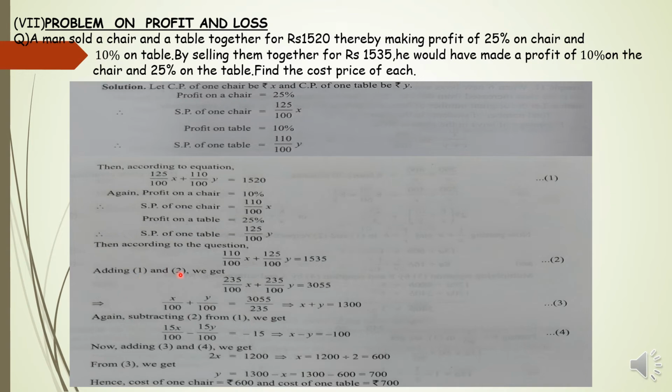Then add equation number 1 and 2. We are using addition and subtraction method, or you can use the other methods also. Here we are adding 1 and 2. You will get 235 by 100 x plus 235 by 100 y is equal to 3055. Why we are using this addition and subtraction method?